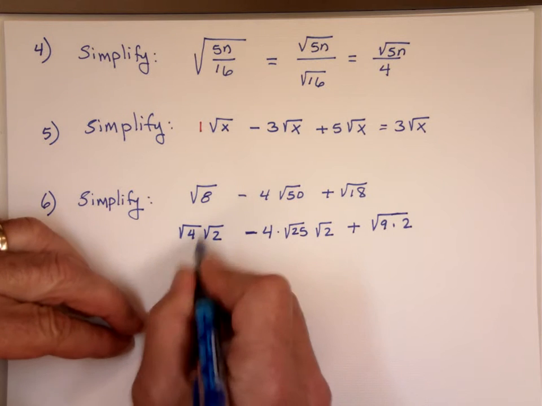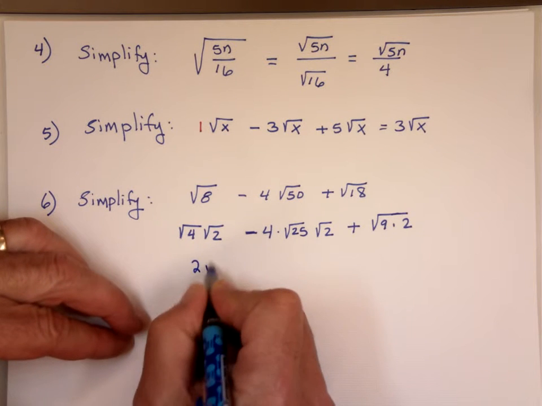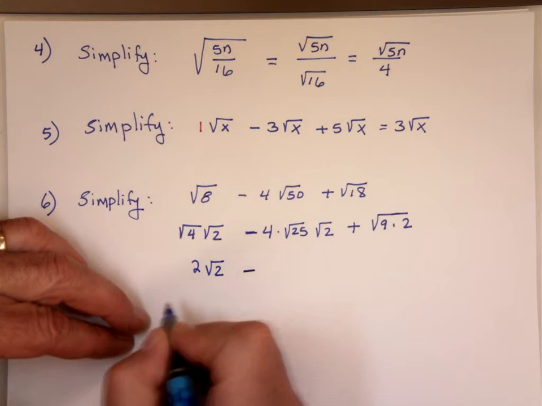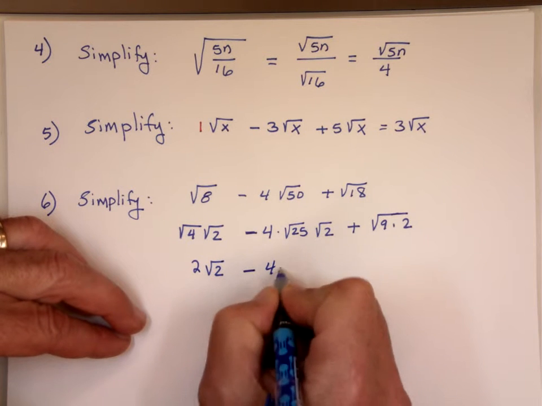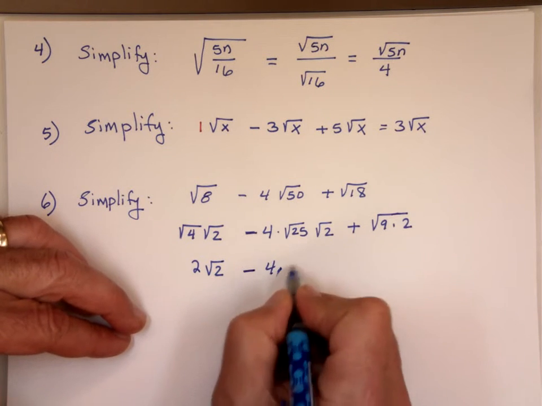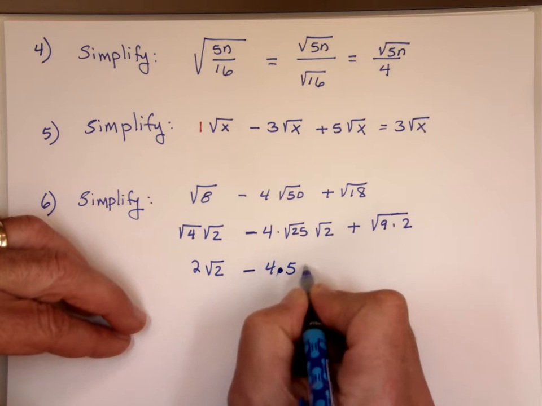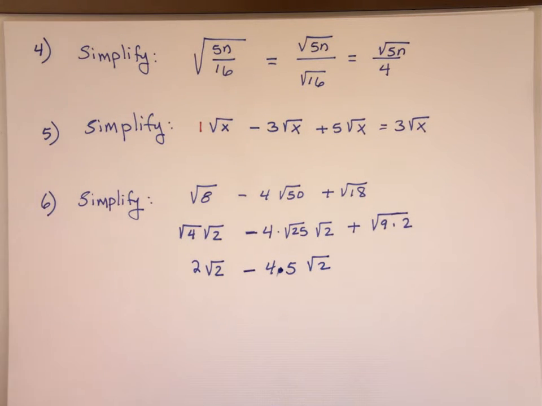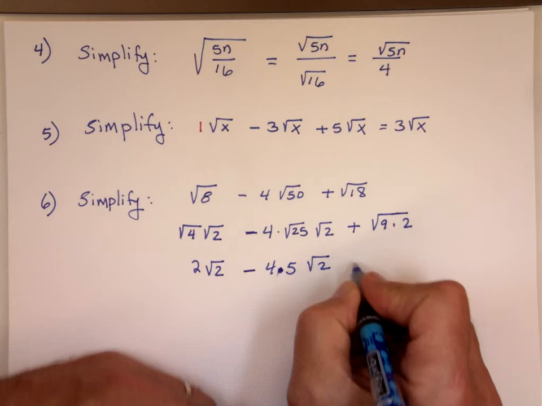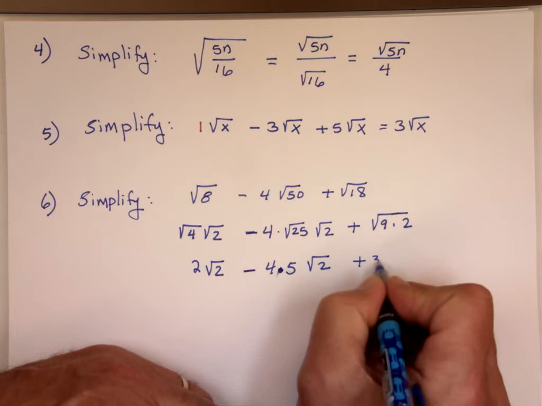So the square root of 4, that's a 2 with the radical of 2. There's the minus. 4 times, what is the square root of 25? Is 5. And you still have the square root of 2. And here, what's the square root of 9? That's 3.